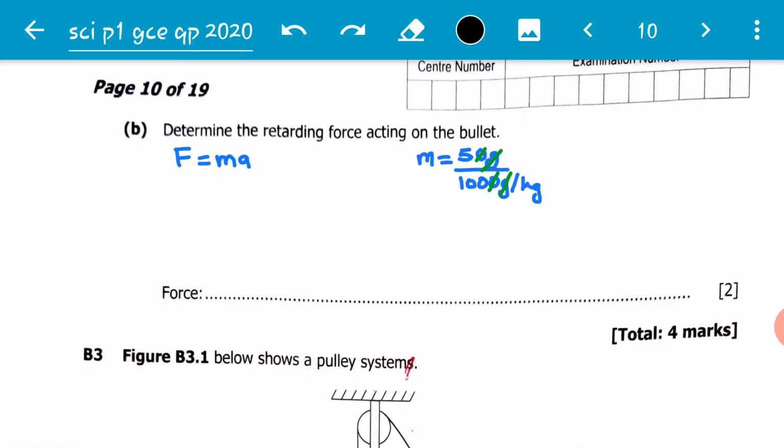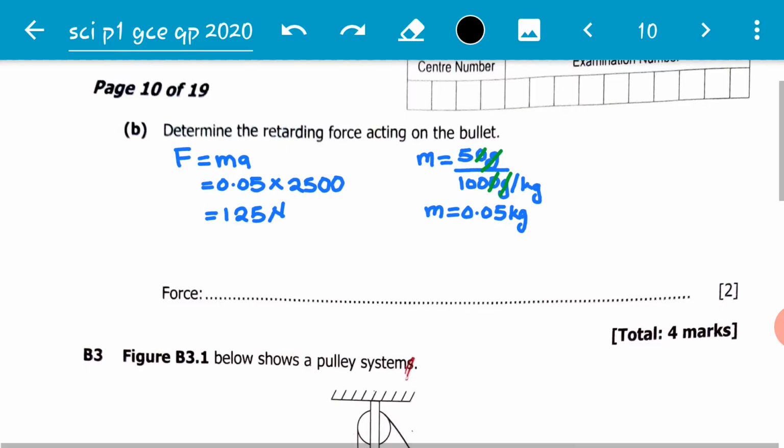Acceleration, we had found it to be 2,500. So we are now going to substitute 0.05 times 2,500. This gives us 125 newtons. It's force, newtons.